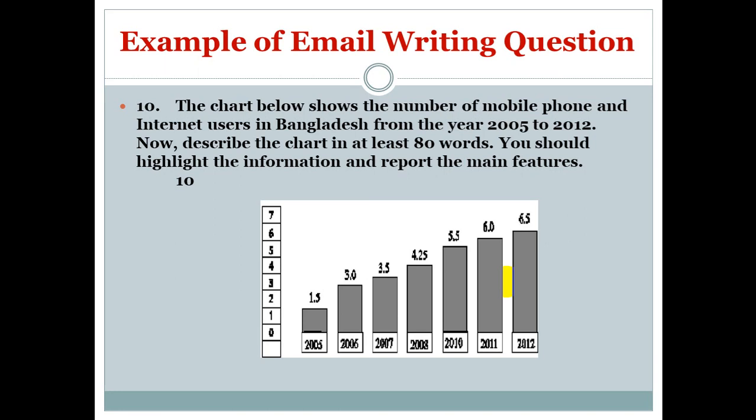Unless your writing is over 80 words, you will not get the marks properly. So while you are writing, keep focusing on how to analyze this chart with more than 80 words. Okay.